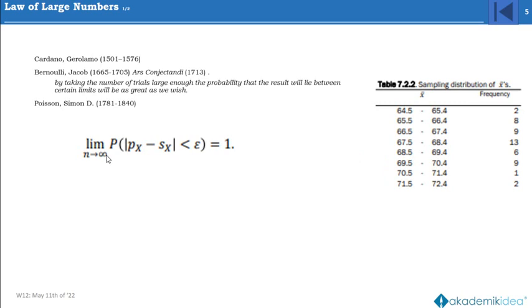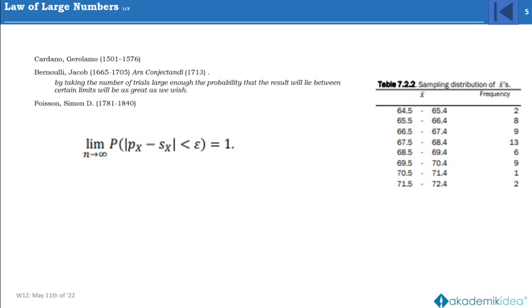To state the law of large numbers in a modern fashion, let X stand for a measurable attribute of individuals in a finite or hypothetical population, and let P subscript X stand for the true value of a parameter, supposedly calculable by enumerating a population of X. Let S subscript X stand for the corresponding sample statistic obtained from a random sample of size n.